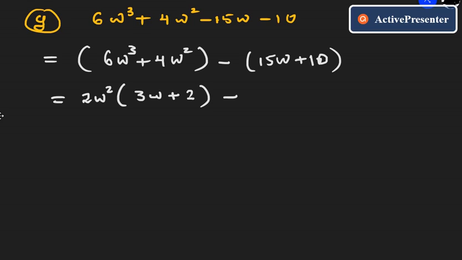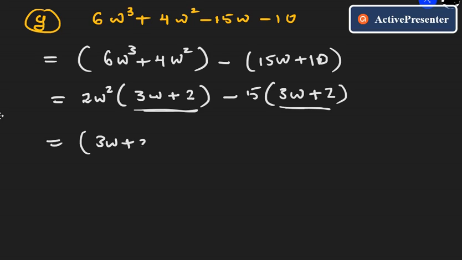Here we would have, if we take for example 5 outside, we would have 3w plus 2. Now take 3w plus 2 as the greatest common factor. We would say 3w plus 2 outside, open parenthesis, we would be left with 2w squared minus 5, and your factorization is done.